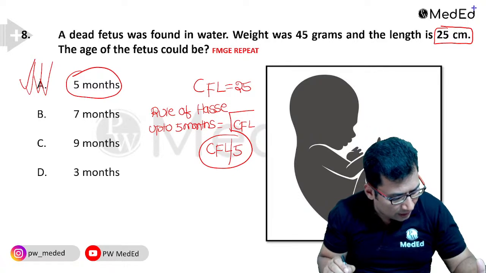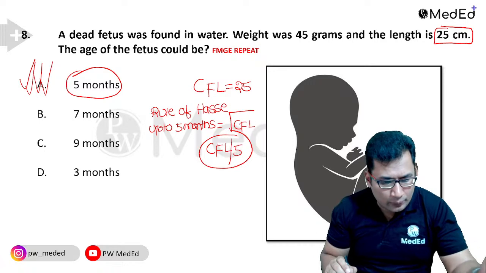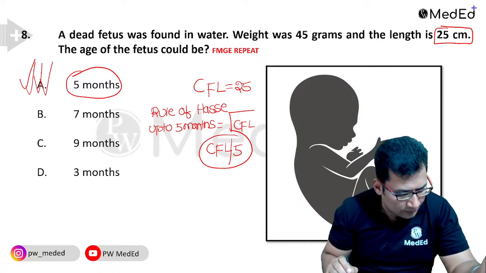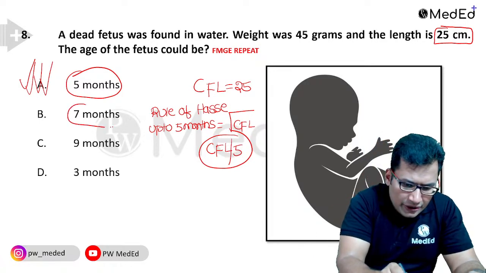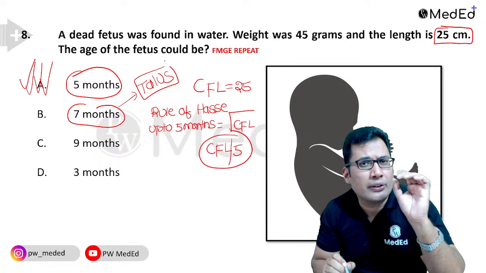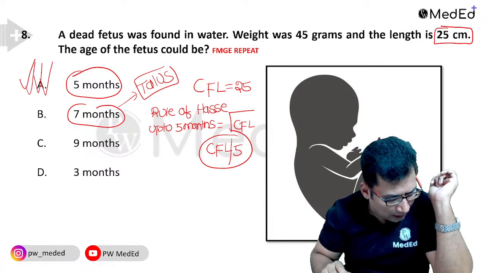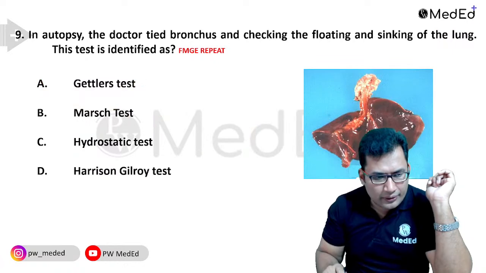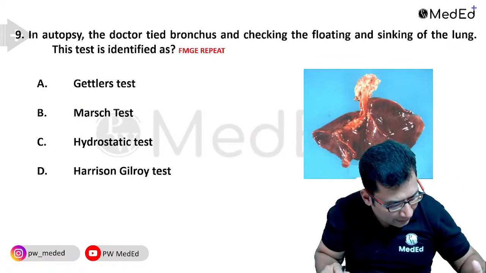Anyone? Can you guess? Gaurav Dev. For 5 to 7 months, the center must be talus. Talus is the one which appears at the 7th month of intrauterine life. Good.